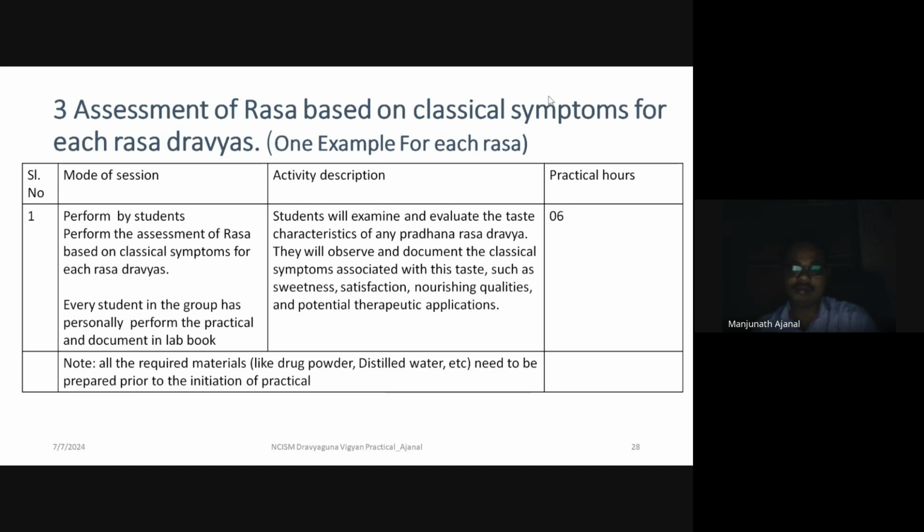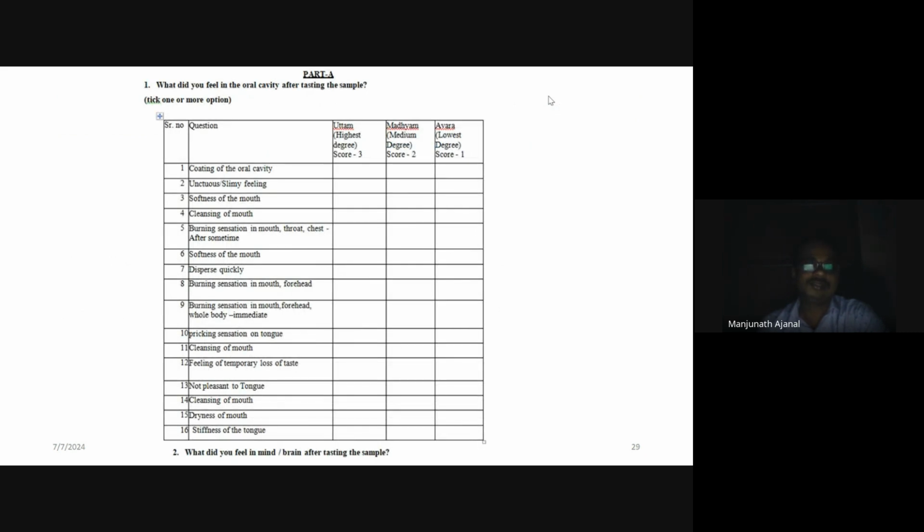The student will examine and evaluate the taste characters of any Pradhana Rasa dravya, and will observe and document the classical symptoms presented in the manual, or you can prepare your own manual. All the required materials for this practical, like powder drug, distilled water, etc., need to be prepared prior to the practical. The manuals are already available here.